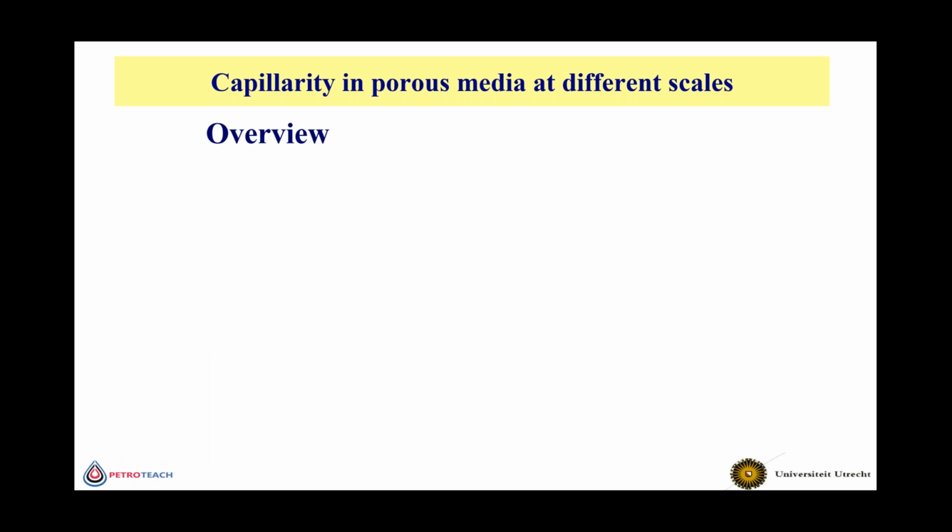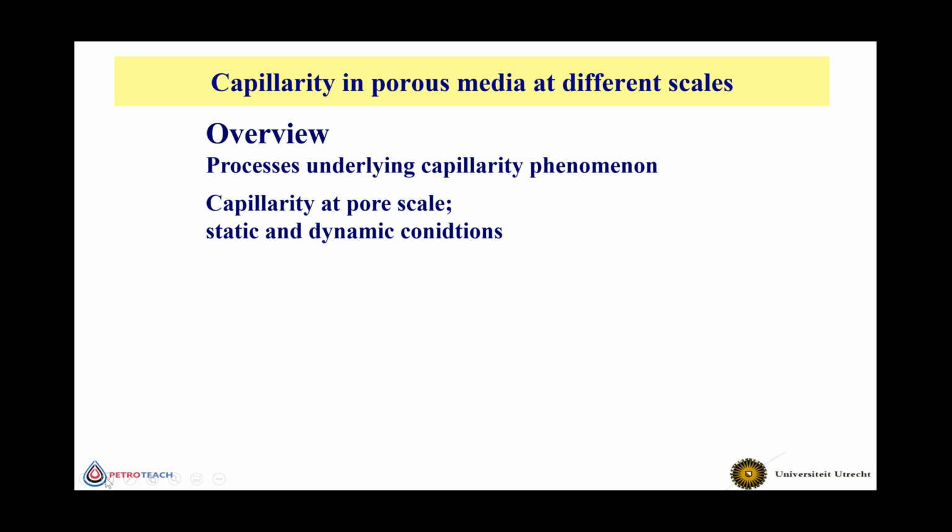So I'll talk about basic concepts of capillarity. In fact, many of you may know some of this, so forgive me if some things are too familiar, but hopefully there are also points that would be new to you or something to consider later on. This is a very short version of the short course that I give on this subject as part of the Petro-Teach short courses.